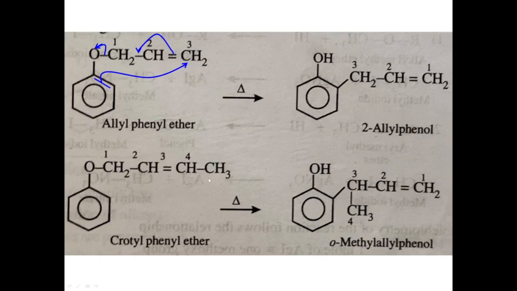This will attack this carbon atom, and this bond will shift here and this bond will shift here. So this carbon is attached to the phenyl carbon, and one CH3 is attached to this carbon, shown here, and the rest is a CH=CH2. So here we are getting ortho-methylallyl phenol.